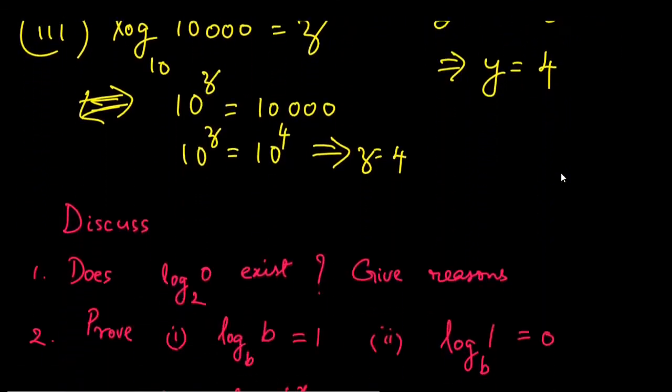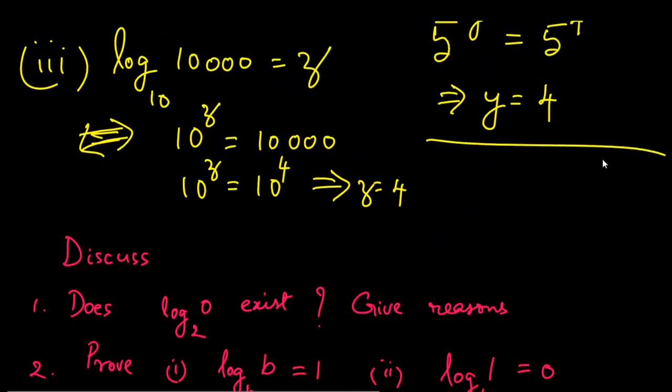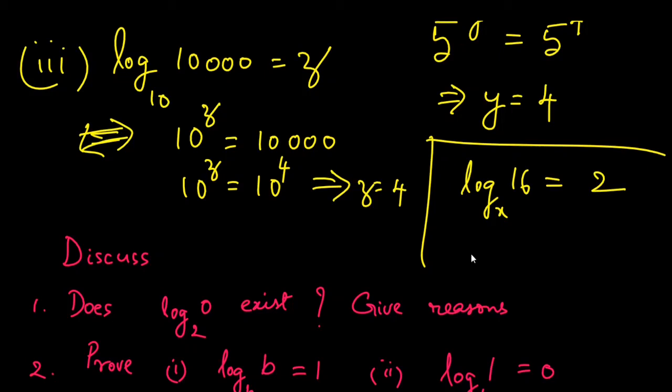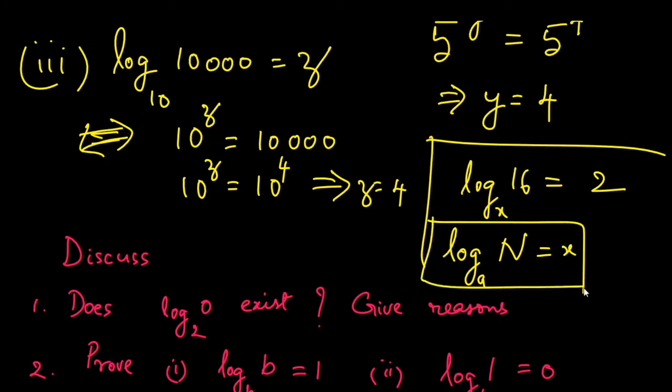So what is given? Log of 16 to the base x is equal to 2. We already defined that log of n to the base a is equal to x. We defined logarithm in this way, and we have already mentioned that here n and a are positive real numbers, and a is not equal to 1.